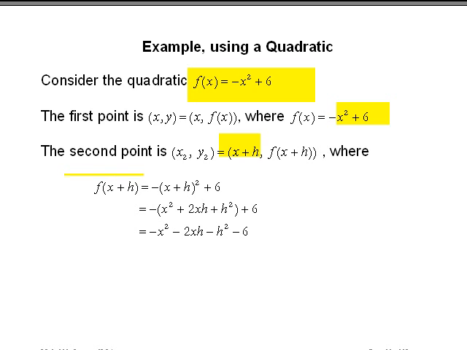Alright, just to make sure we all understand that, I'm going to go through that. Function evaluation means that whatever is in parentheses after the f, you substitute whatever that is for every occurrence of x in the formula. You use parentheses so you don't get sign errors and other errors.